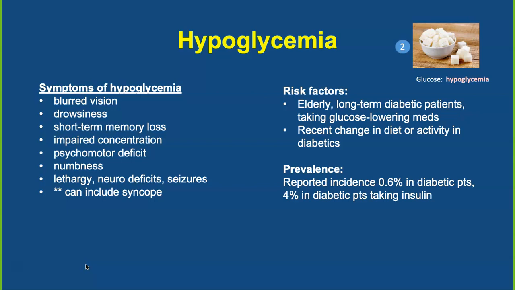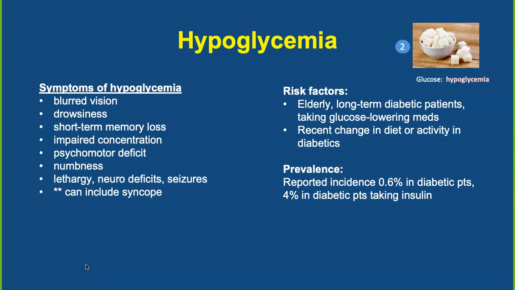Next is hypoglycemia. So for this, the symptoms you'd be looking for are things like blurred vision, drowsiness, maybe some impaired concentration, short-term memory loss, numbness. It's usually lethargy. They might also syncopize. Typically, you'd see this in elderly patients, people with long-term diabetes, people taking glucose-lowering medications.